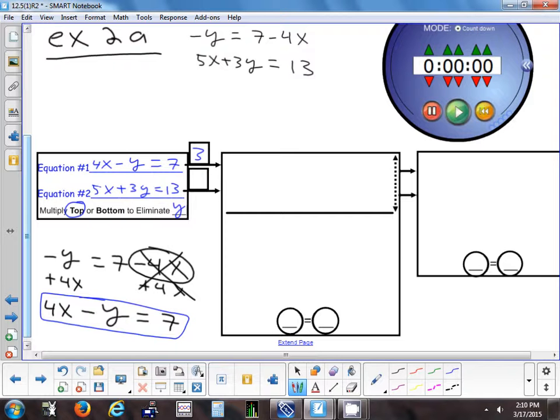That's exactly it. You're going to multiply that top equation by 3. We're not multiplying the bottom. Since I didn't change the bottom, what should I do with it? Keep it the same: 5x plus 3y equals 13. Multiply that 3 out.